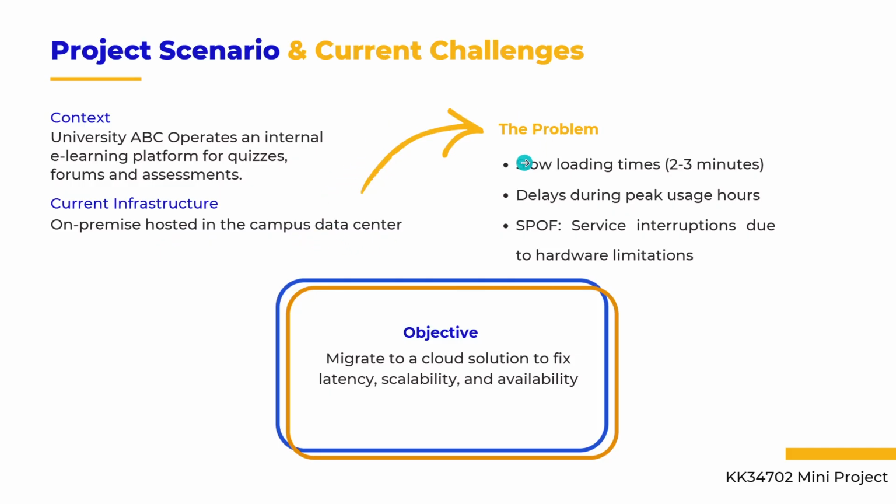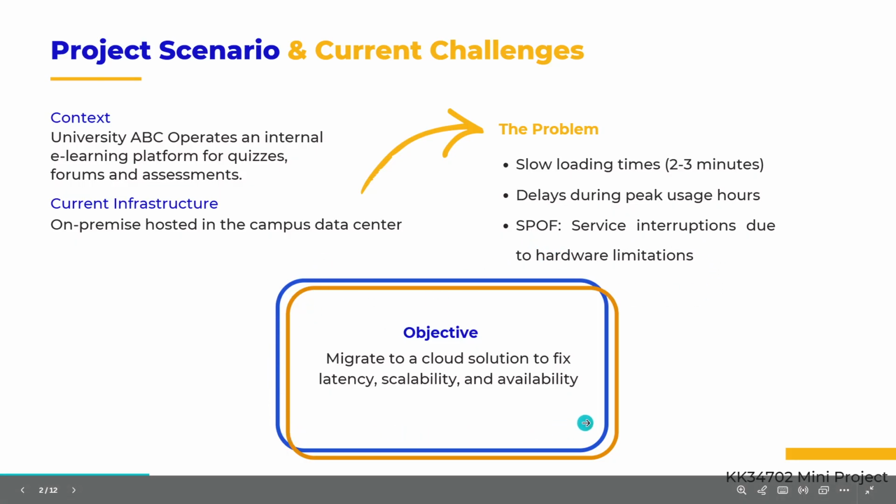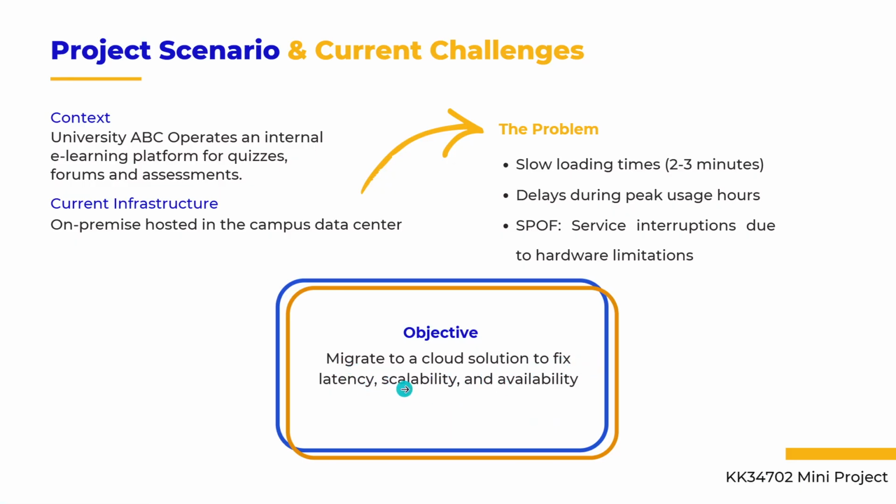The problem is the university is facing slow loading times, delays during peak usage hours, and a single point of failure due to service interruptions from hardware limitations. The objective of this project is to migrate to a cloud solution to fix latency, scalability, and availability of the university's platform.